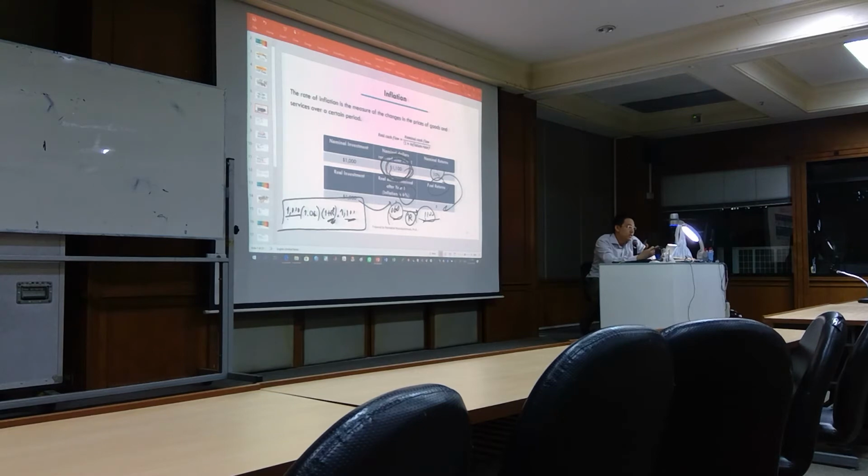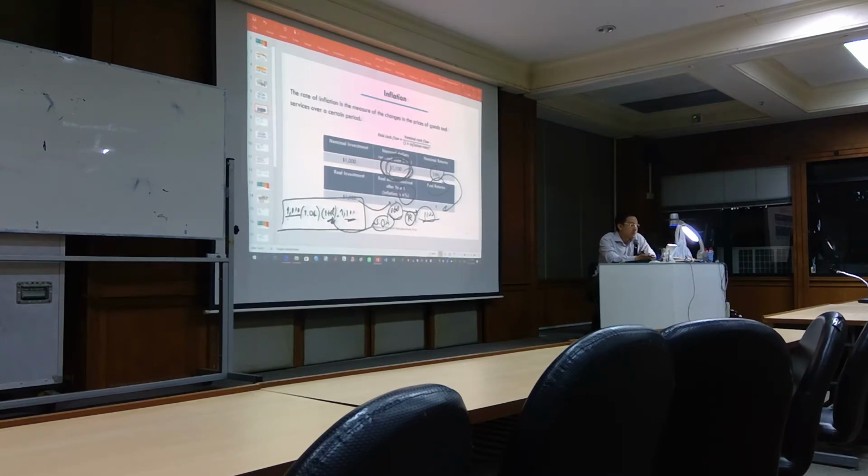And when you do this calculation, the real return is not equal to 4%, okay? The real return may be equal to, I think, 3 point something. You just have to do the calculation on your own. The real return will be that.